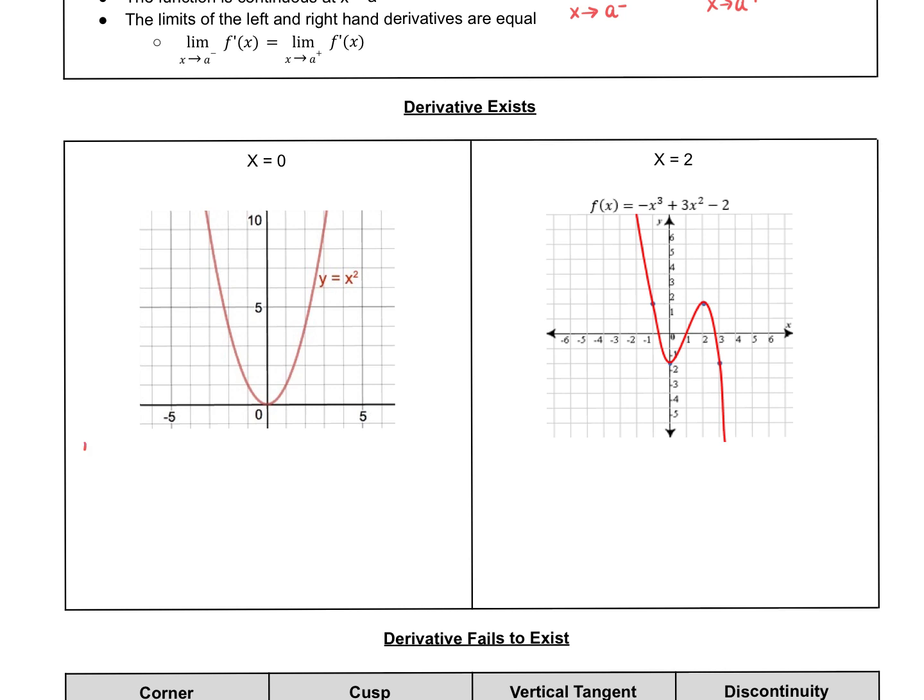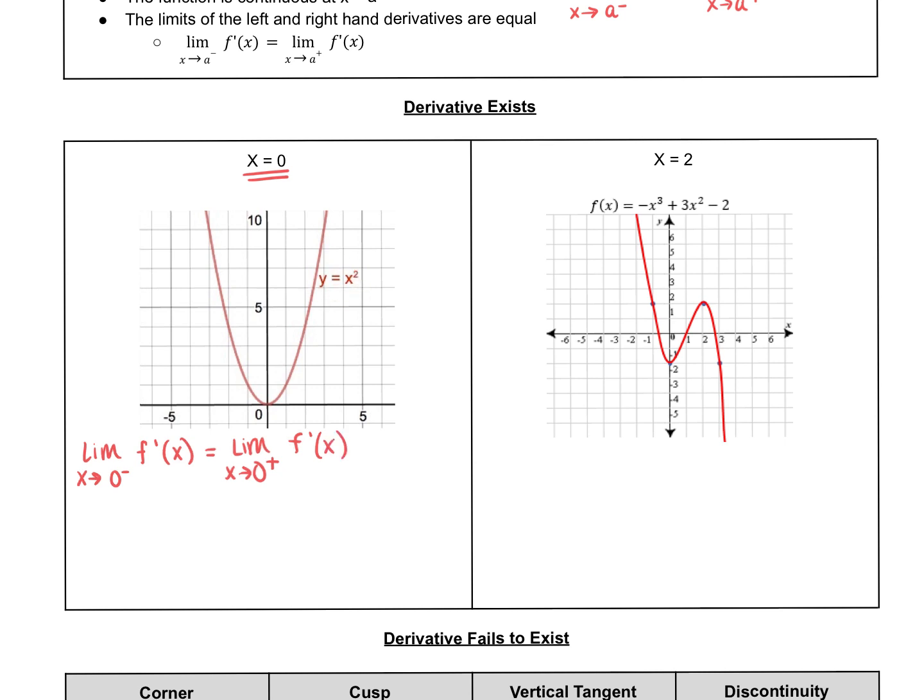The limit as x approaches 0 from the left of f prime of x must equal the limit as x approaches 0 from the right. So the limit from the left must equal the limit from the right with the derivative.